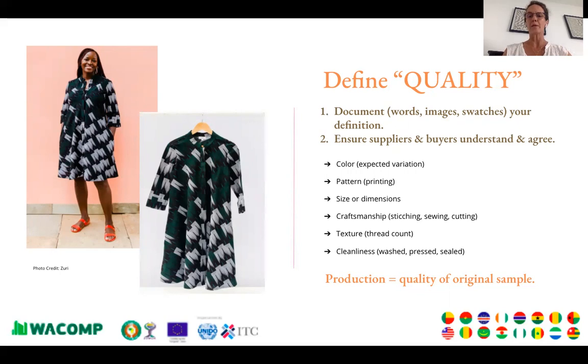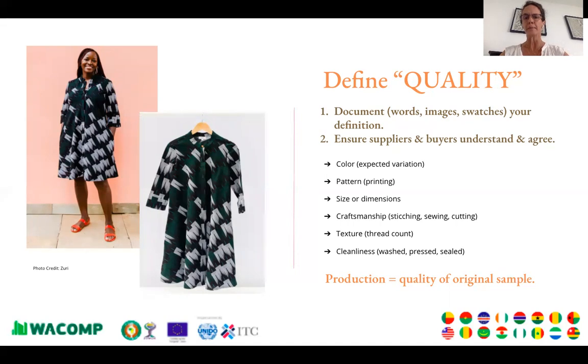What is your production going to be so it matches the quality of your original sample? The second step is that you want to share that definition with your suppliers and your buyers to make sure they understand your definition of quality and agree with it. So really, the foundation here is communication.